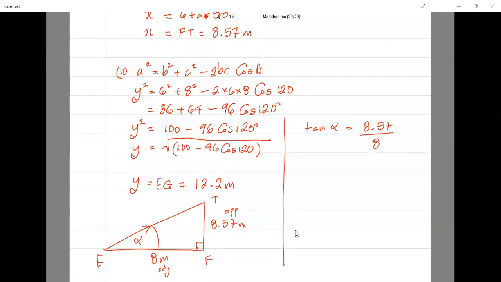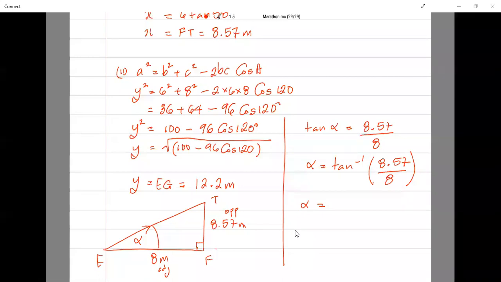Now, if I know the tangent of an angle, to find the angle, I must use tan inverse. So alpha would be equal to tan inverse of 8.57 over 8. So alpha is equal to, shift tan, open bracket, 8.57 divided by 8, close bracket.